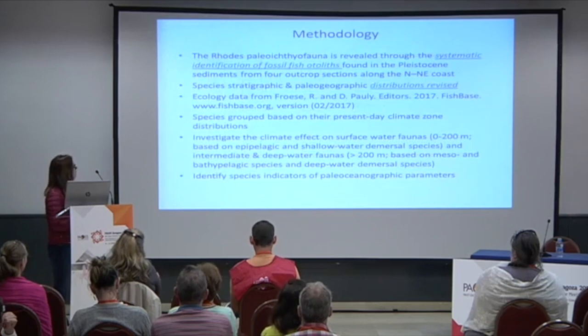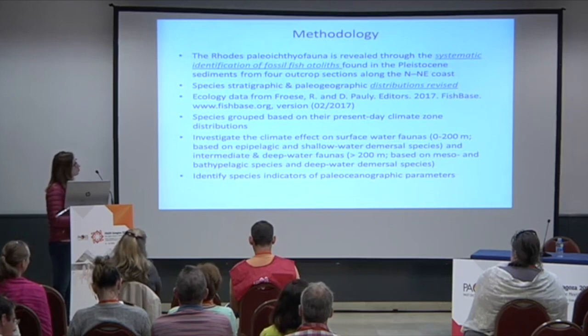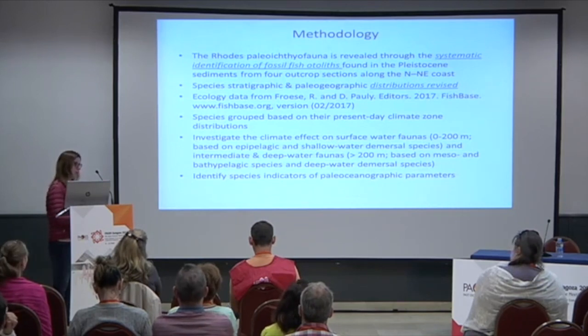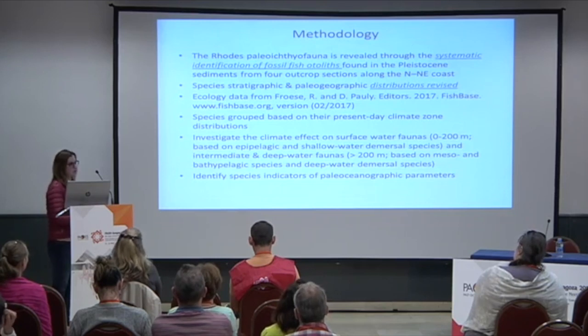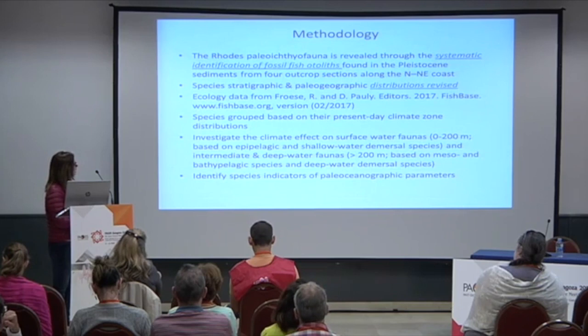So we identified the fish otoliths. The sediment was sieved through a 250 micron sieve, handpicked and identified, and then we compared the distribution of the identified species with that in the Western Mediterranean, because there are differences today also between the Eastern and the Western Mediterranean fauna. And we used modern ecology data from the FishBase database.